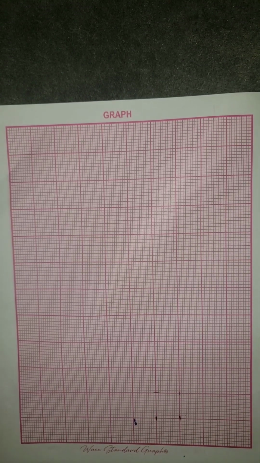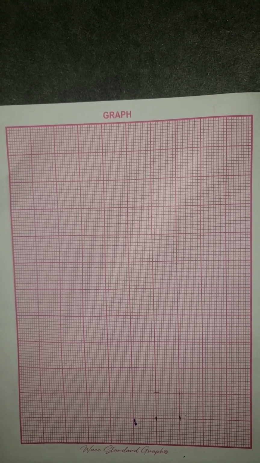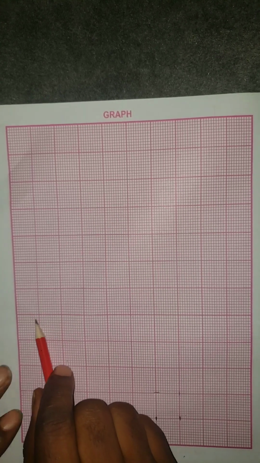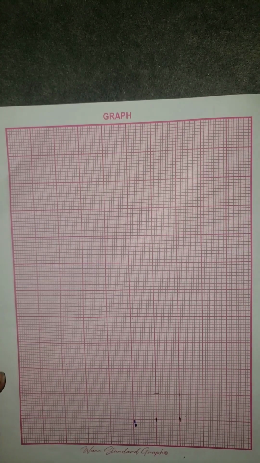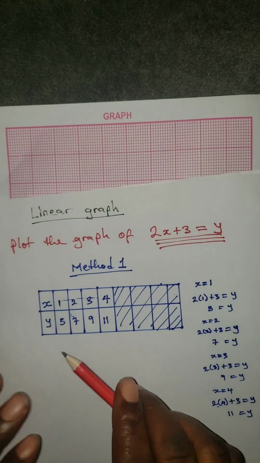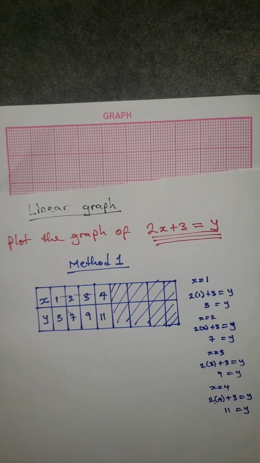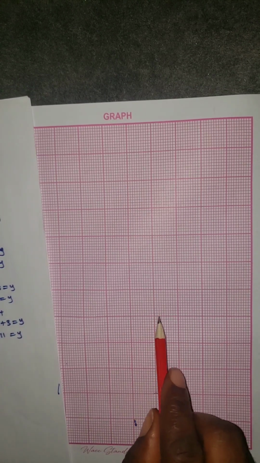So we can take it as 2, 4, 6, 8. 2, 4, 6, 8 will definitely give us more than 11, and our line is likely to come down here so that we can get up to 11. Then on the s-axis, we don't have a problem. We can see 1, 2, 3, 4, so we are going to take it as 1, 2, 3, 4.